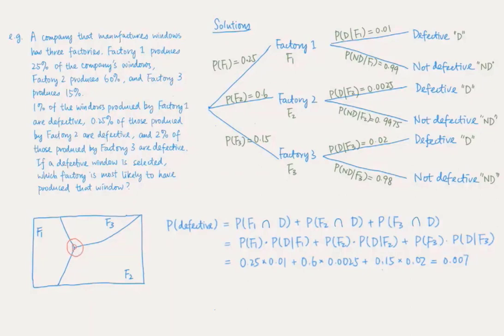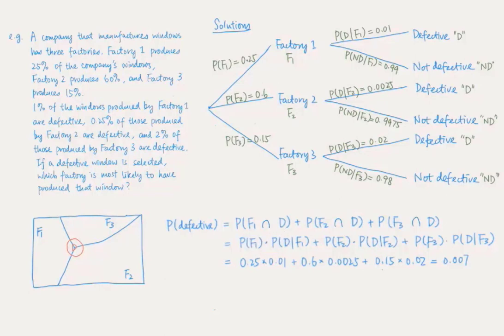Therefore, if we refer to the Venn diagram, to find the probability that the window selected is defective, it equals the sum of the probability that the window comes from factory 1 and is defective, plus the probability that the window is produced by factory 2 and is defective, plus the probability that the window is produced by factory 3 and is defective.